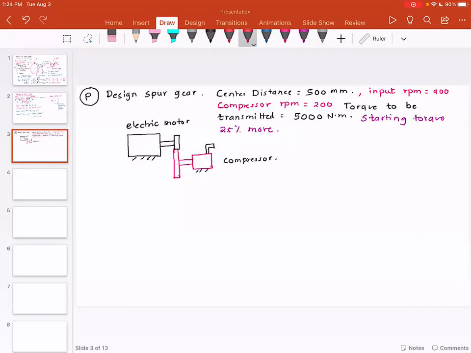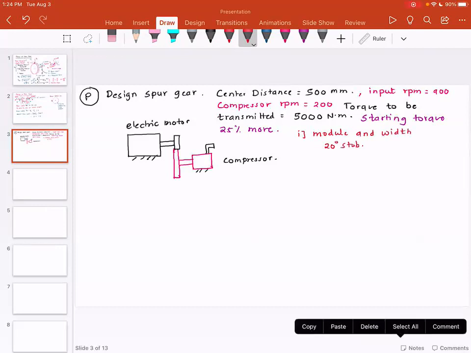And for this, first, determine module and width. Assume 20-degree stub. Second, number of teeth and PCD.